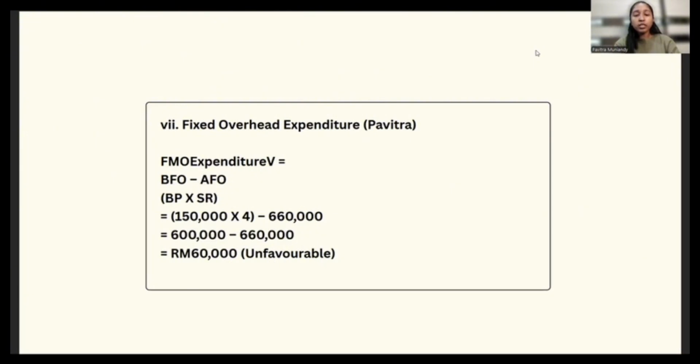First we calculate the bracket, which is BP times SR, so the total is 600,000. Then we calculate 600,000 minus 660,000. The total is 60,000, which is unfavorable.